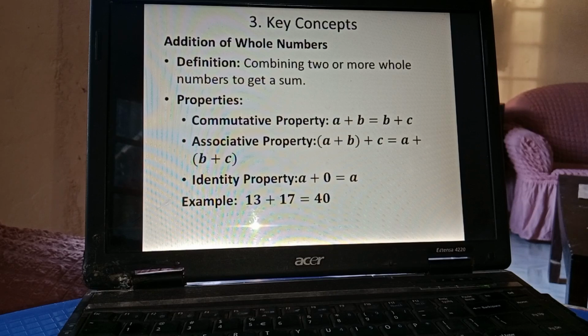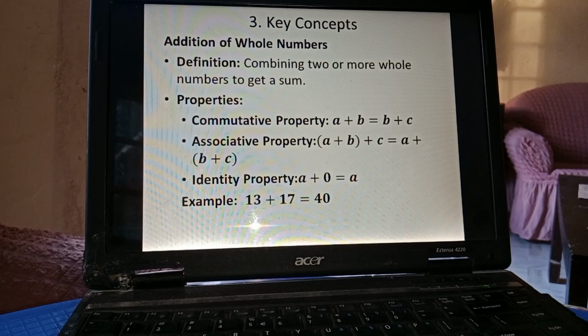A plus B in brackets, you start with that. Then what you get, you add as another number C. Then we have A. Now, we associate B and C and get a sum and we add it to A.